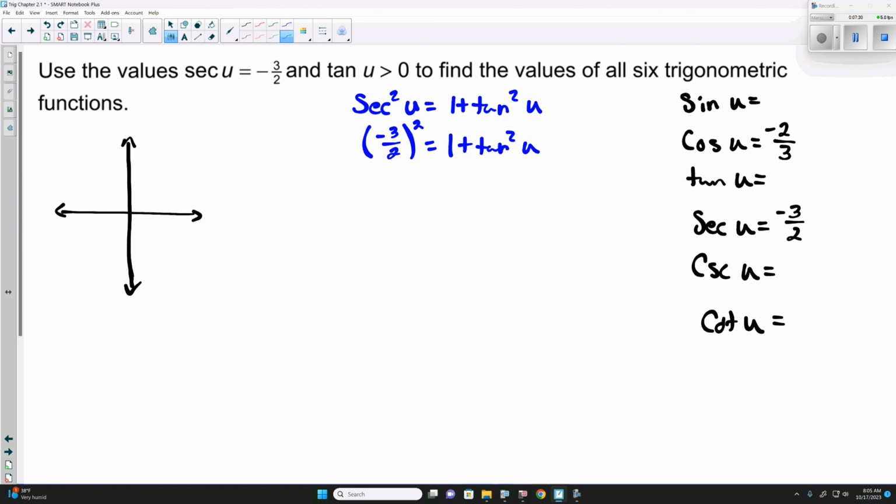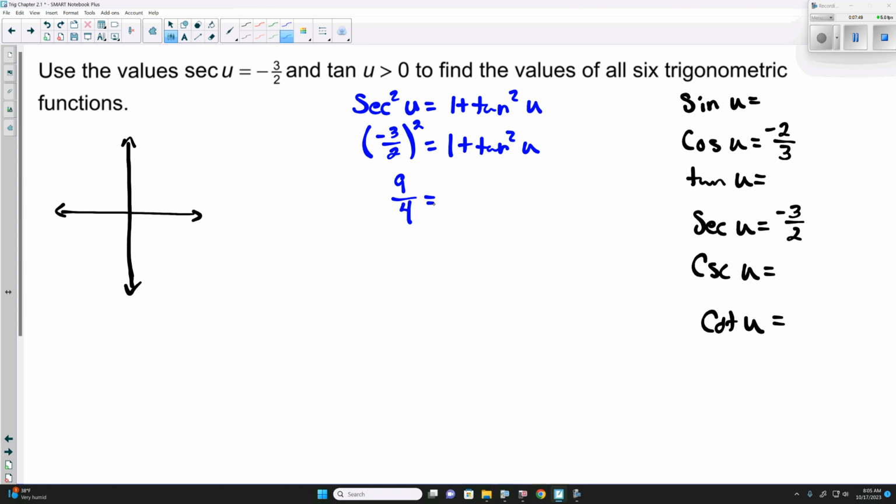So we're saying -3/2 squared is equal to 1 plus tangent squared. Well, -3/2 squared is 9/4. Because -3/2 times -3/2, the negative times the negative would be positive. We'd multiply the numerators. 3 and 3 is 9.